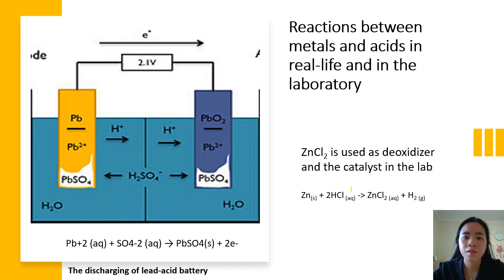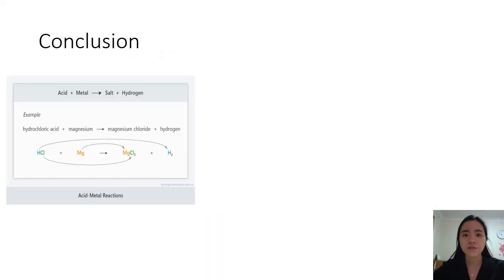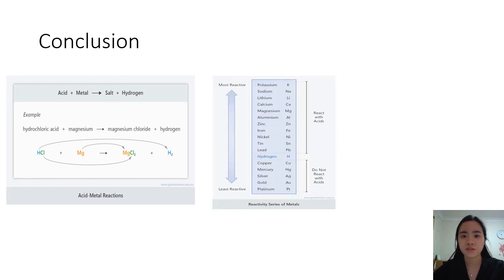In addition, the reaction of zinc and hydrochloric acid forms zinc chloride, which is used as a deoxidizer and a catalyst in the lab. In conclusion, acids react with most metals to form a salt and hydrogen.